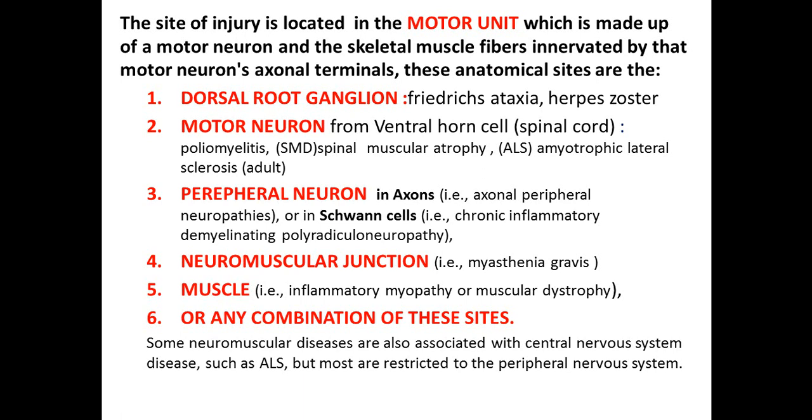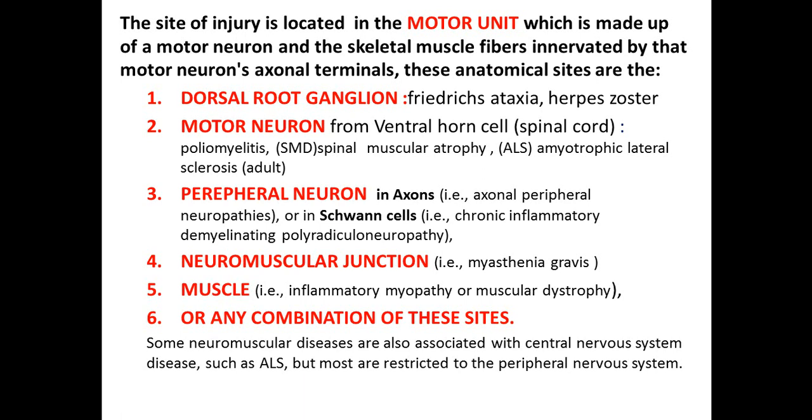When it arises from the dorsal root ganglia, as in Friedreich's ataxia or herpes. In the motor neuron we have two varieties: those arising from the ventral horn cell in the spinal cord, like poliomyelitis, spinal muscular atrophy, and amyotrophic lateral sclerosis as seen in adults. In the peripheral neurons, the pathology is either in the axon or in the Schwann cell.